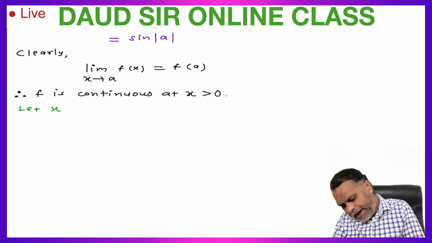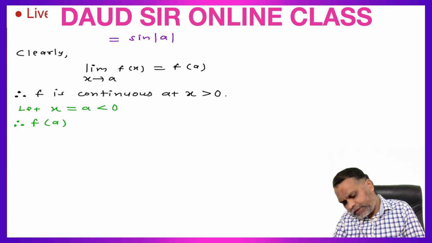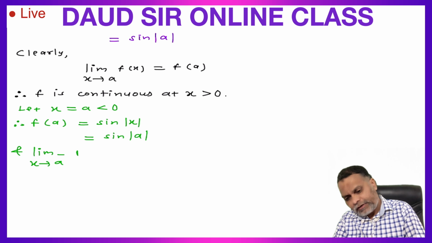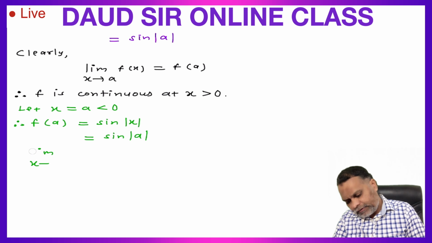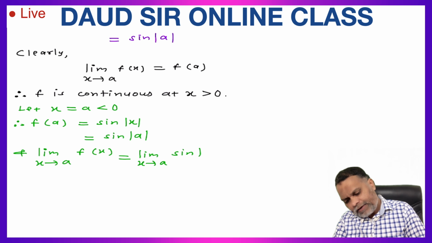Let x is equal to a and a is less than 0. Therefore f of a is equal to sine mod of x. Put x is equal to a, so sine mod of a. Calculate the limit x tends to a, limit x tends to a of f of x is equal to limit x tends to a of sine mod of x.